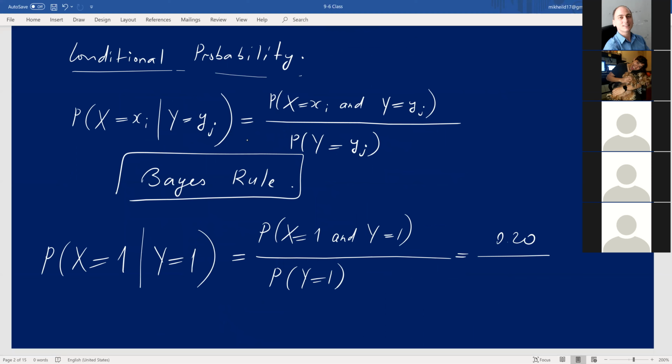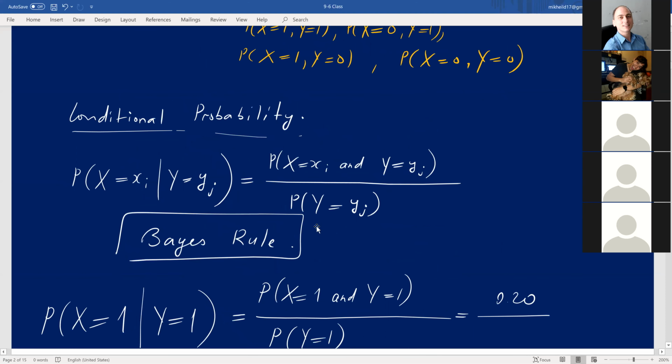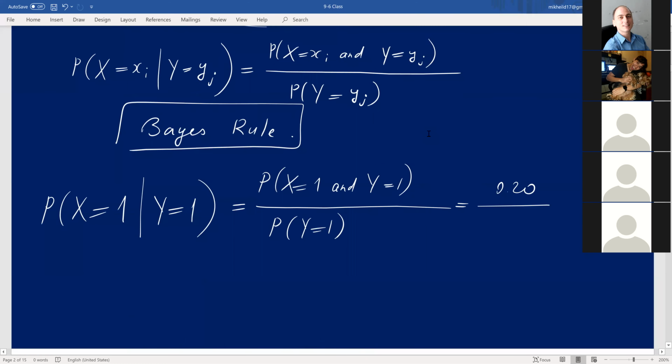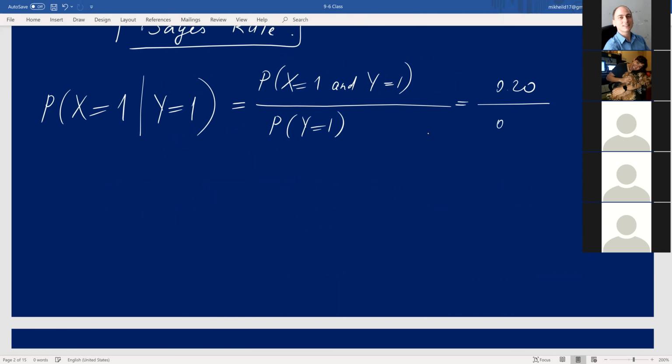And in the denominator, we have the probability that y equals 1. Can you tell me what that is? 0.3, right? It's given here. So 2/3. This is approximately 0.67. I should be careful: when you write something, you should be as specific as you can. So this will be approximately 0.67. Guys, are you with me?